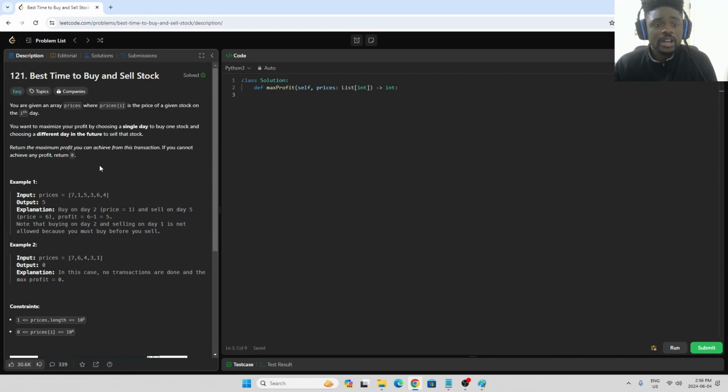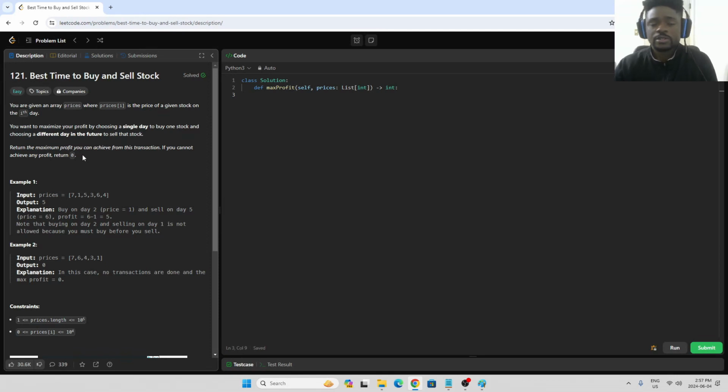So if we were to have a nested for loop where our outer for loop represented our past day or previous day, and our inner for loop represented all future days, then we could check all possible combinations in our array to see the best way that we can maximize our profit.